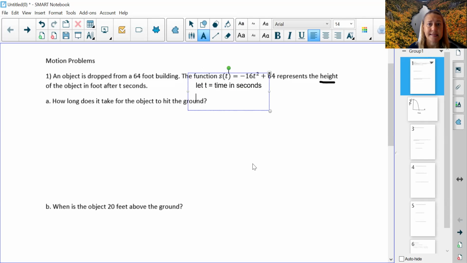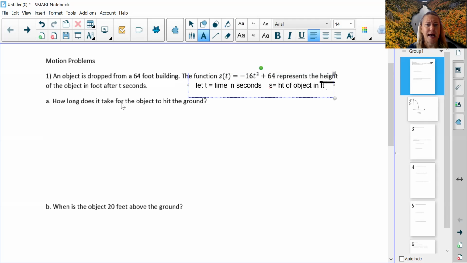S represents the height of the object in feet. And so s of t means that the height is a function of time. The height depends on how much time has elapsed.